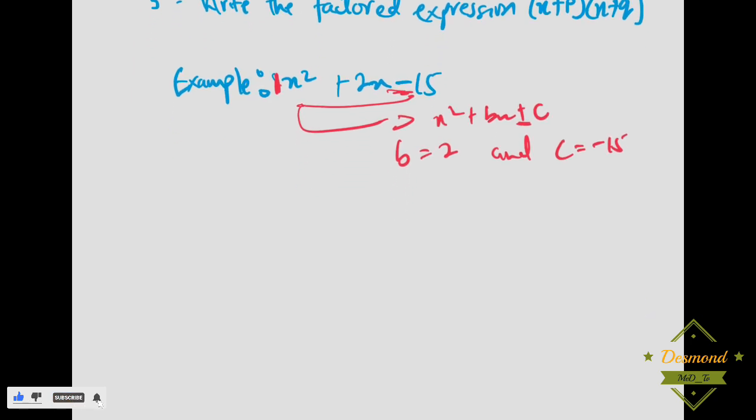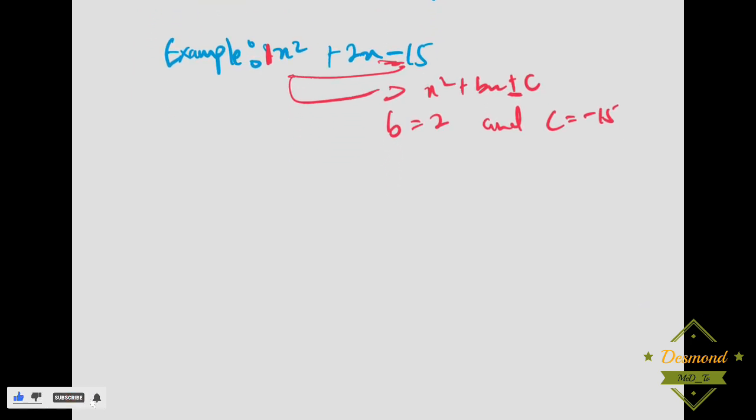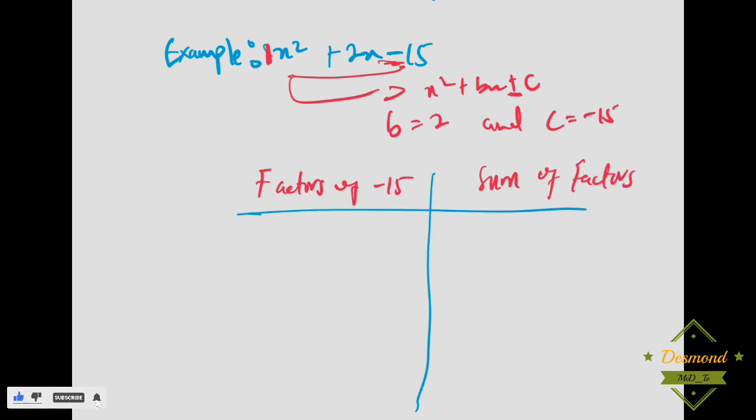I'm going to use a table to make it very easy to do. I'm going to label this part factors of negative 15, and this part sum of factors. Then I'll draw my table like this.